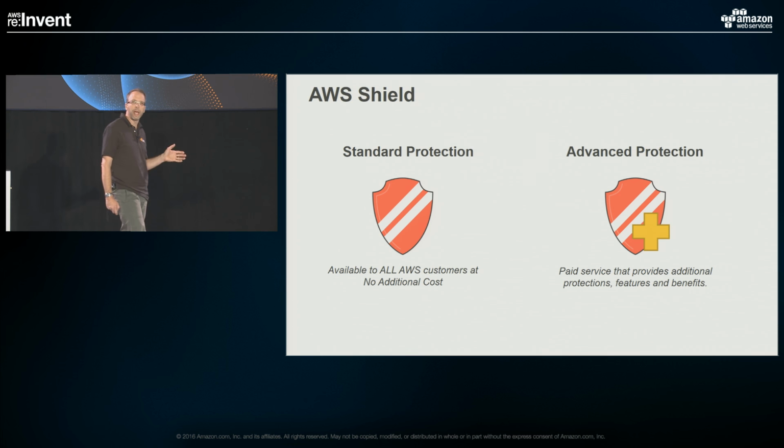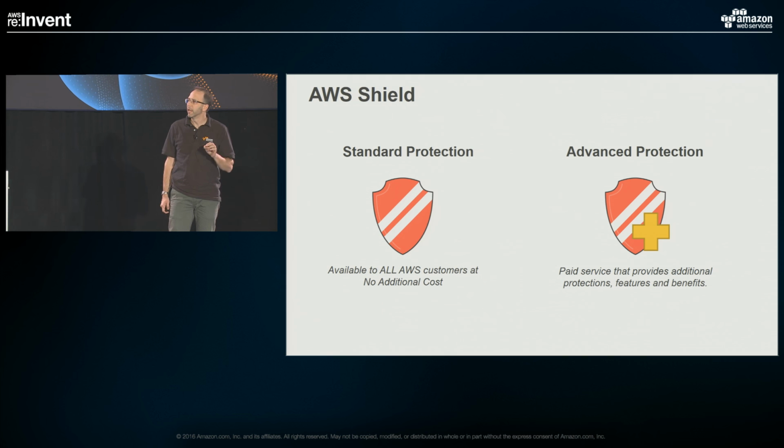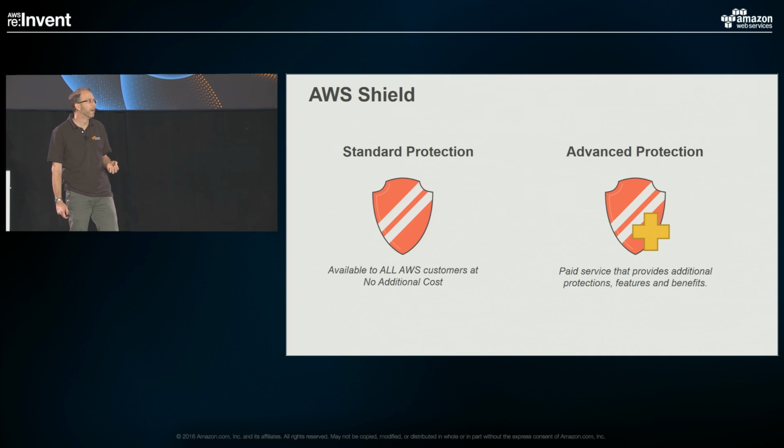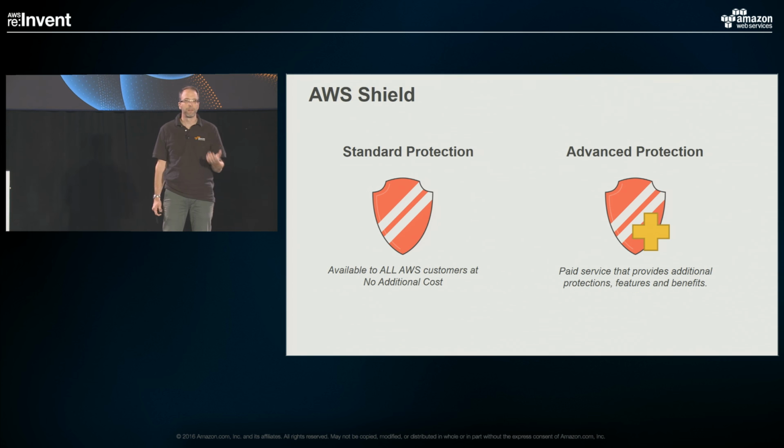Then we have Advanced Protection, a paid service that addresses some of those questions customers were asking us, like, can I talk to a DDoS expert? I want visibility into what's going on with respect to attacks. Can you protect me against larger and more sophisticated ones? How can you protect me against high costs associated with scaling for DDoS attacks? That's why we built Advanced Protection.